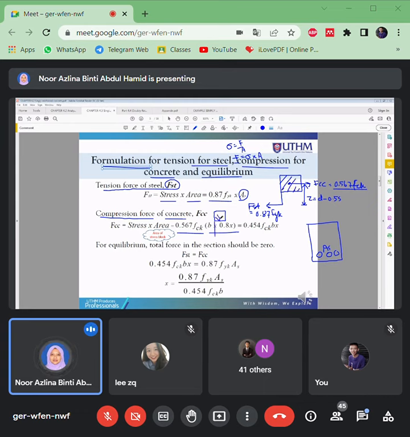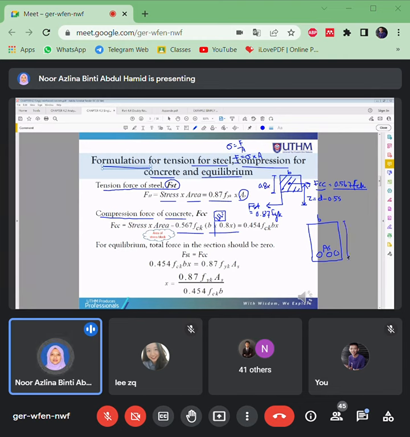Its width is the beam width, which is B, and the stress block area, which is this, is the force only resisting this compression stress area here with the height of 0.8 X.